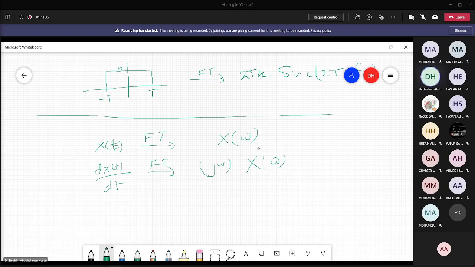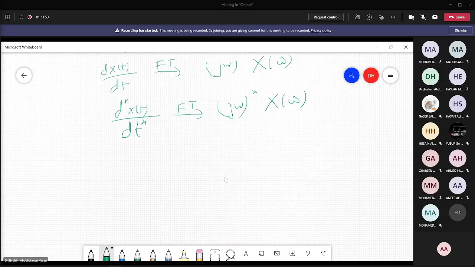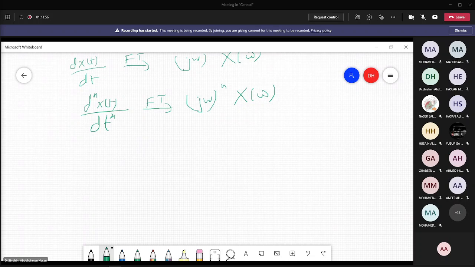Okay, for a higher derivative, the n-th derivative of x of t, the Fourier transform is j omega to the power of n times x of omega.